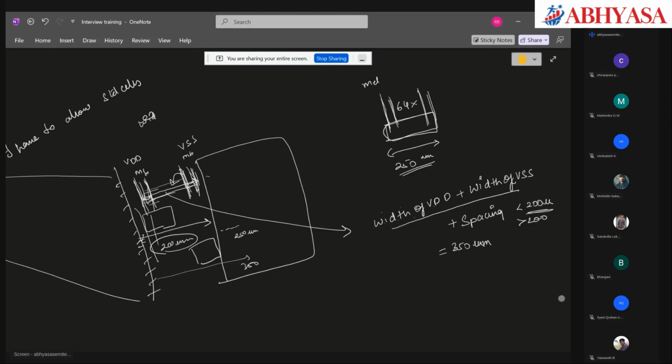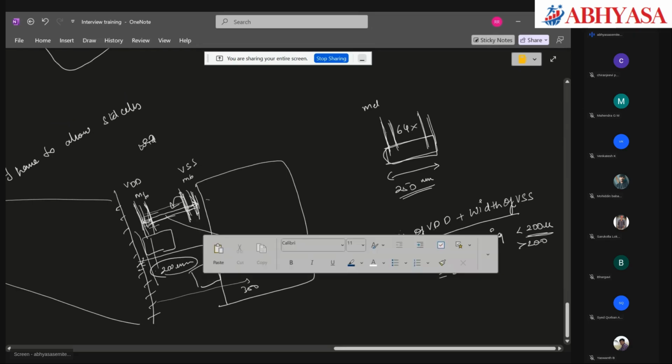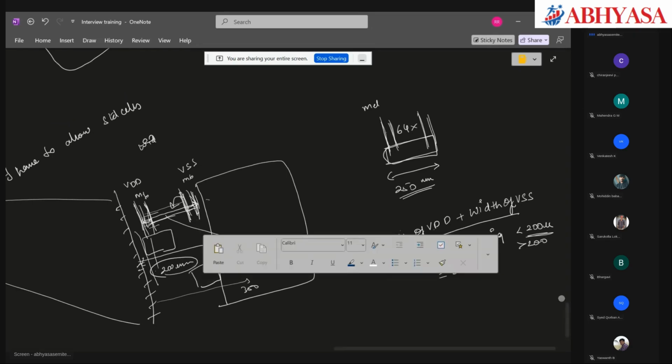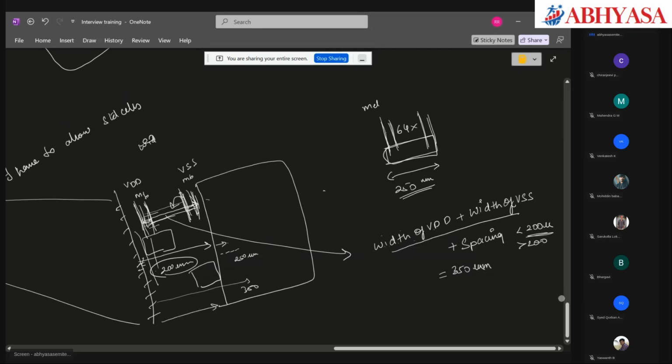So I have not calculated that for vertical routing. So I have to slightly increase this 200 microns to another 20 microns or 30 microns. So depending on if I'm allowing standard cells or not allowing standard cells, I have to put the channel spacing.